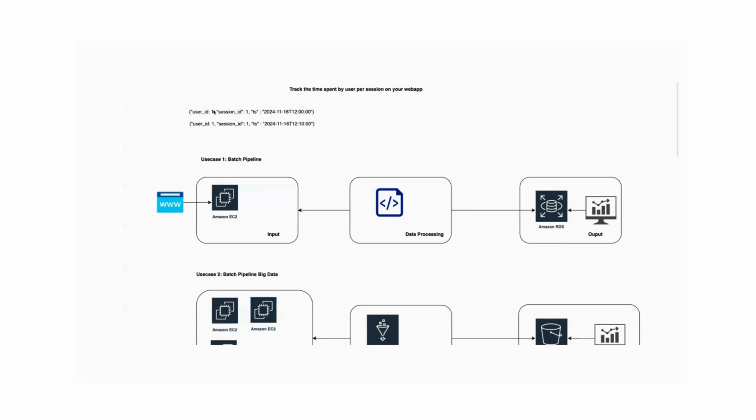Basically, you would take the difference between timestamps based on the user ID and session ID. That's the correlation that you're trying to do in your processing layer. But let's say your use case just wants to see the number of hits on your page, where you don't even have to look at another event.